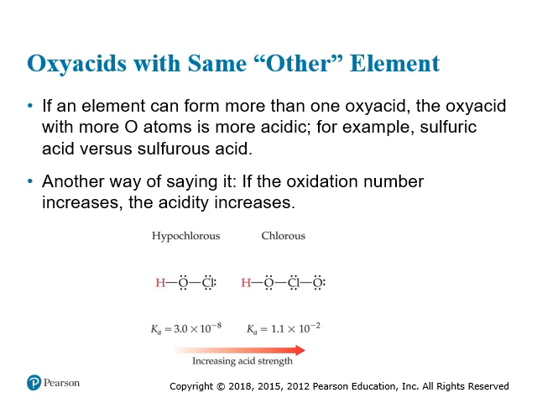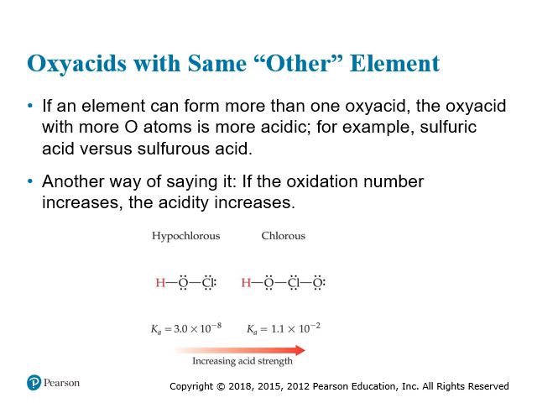Since sulfuric acid has more oxygens, it tends to be more acidic. At the bottom of the slide, we see hypochlorous acid as opposed to chlorous acid, molecules with the formula HClO and HClO2 respectively. The more oxygens, the stronger the acid, as is reflected in the Ka values.